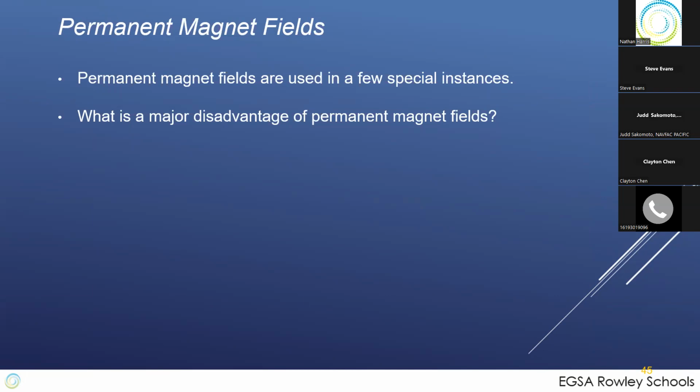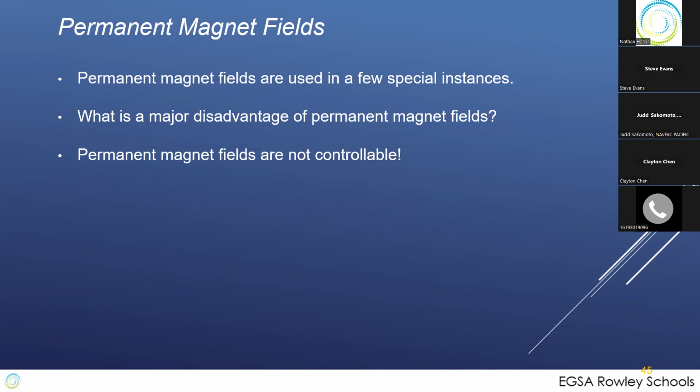You used to see this in some wind turbines. They would put PMGs on there, and they produce whatever voltage and current they could get, and put that on the grid. And the big disadvantage is you can't control it.